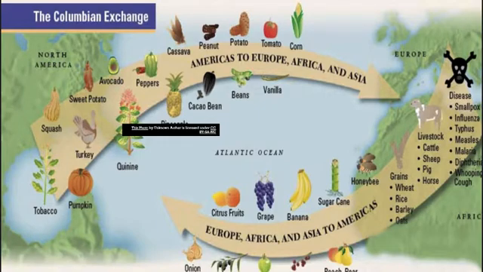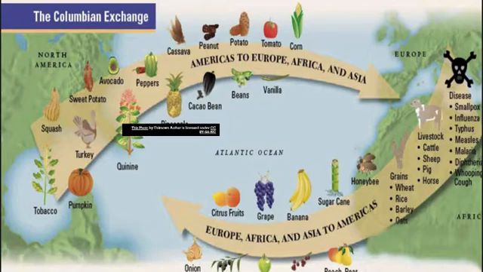And all kinds of new ideas and new products begin to exchange hands across the ocean. Things from the New World that are going to Europe, things that Europeans had never seen before. Corn, potatoes, tobacco. Nobody smoked before Christopher Columbus. Just Native Americans.